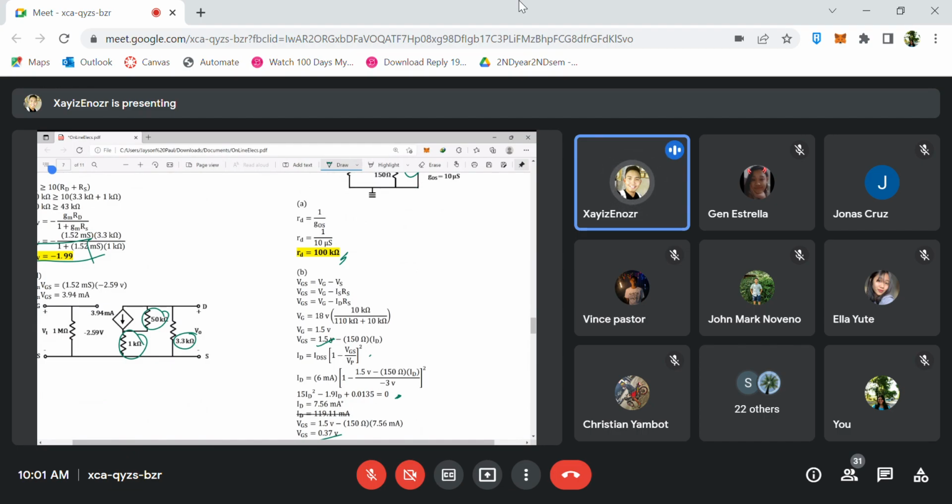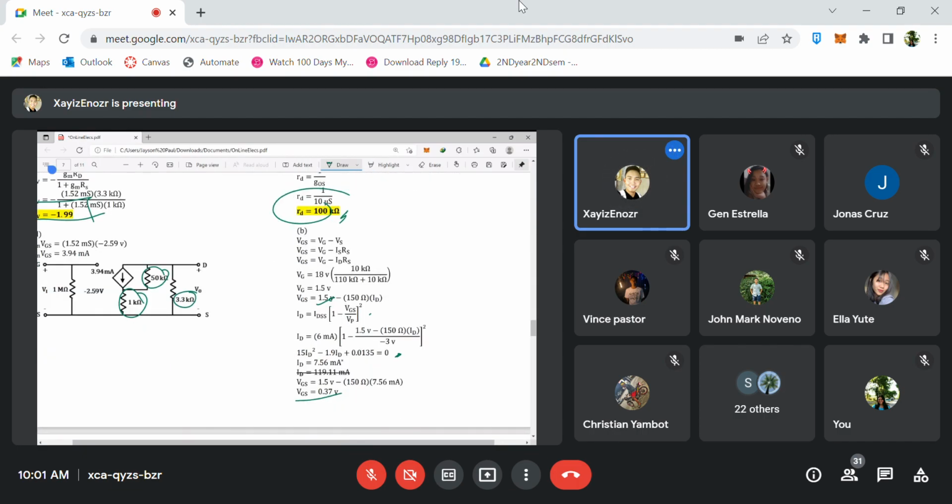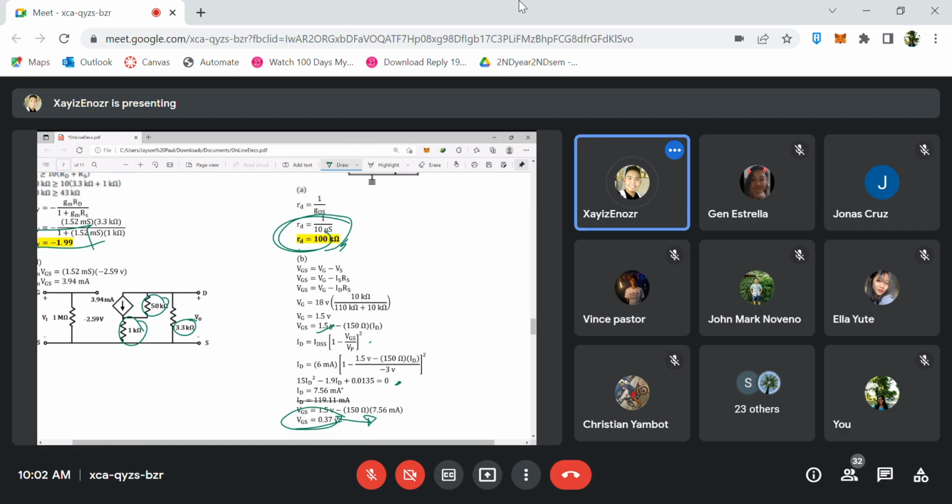So we have here dapat si RD, then si VGS. So VGS can be determined through bias DC analysis. Okay? So kaya sabi ko nga kanina, kailangan maalam kayo sa DC analysis ng field effect transistor.